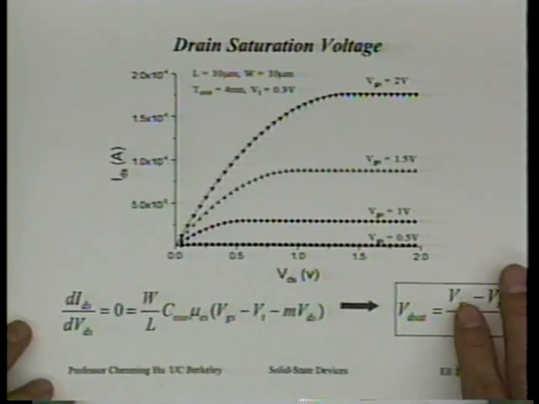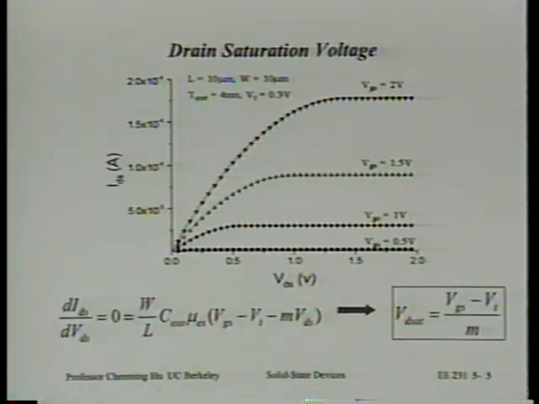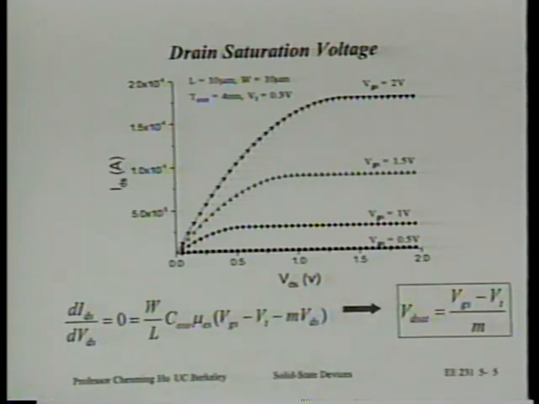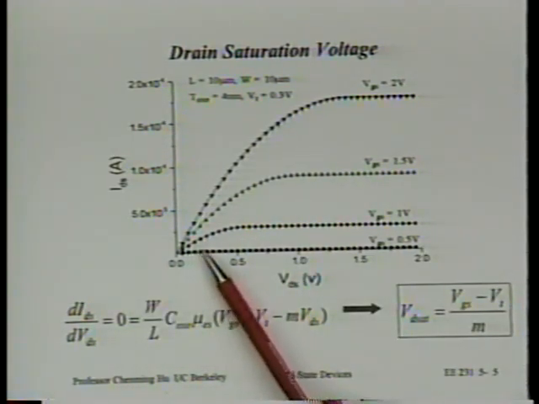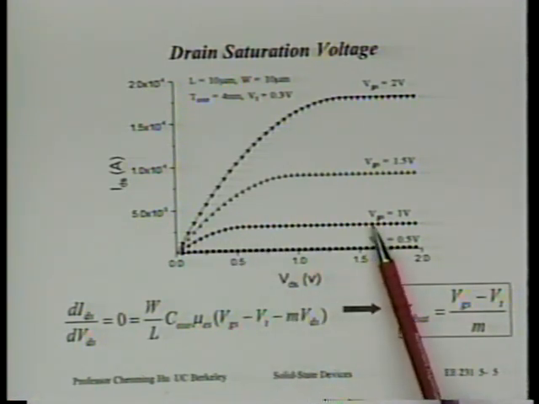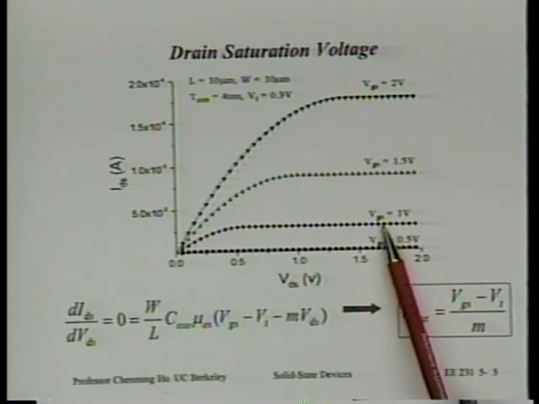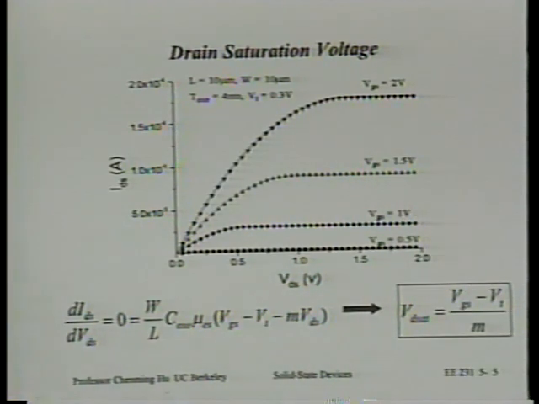Okay, so if we make a plot of that equation, what you get is this, ID versus VD. It has several curves. Each of them will saturate at a certain VDS, and the saturation current increases with increasing VGS. And this is known as the basic MOSFET IV characteristics. Okay?